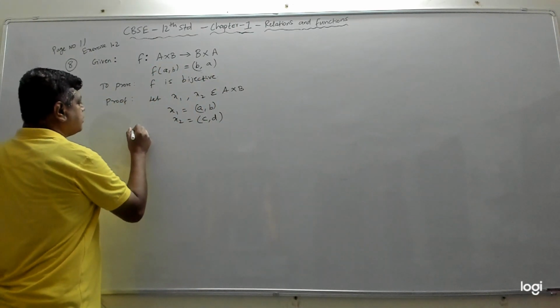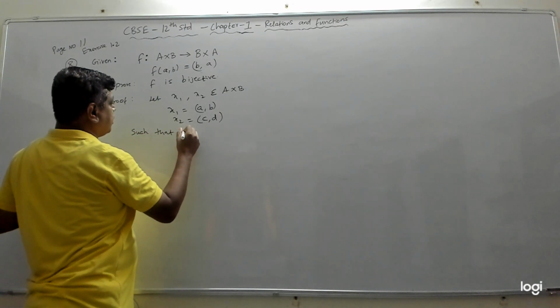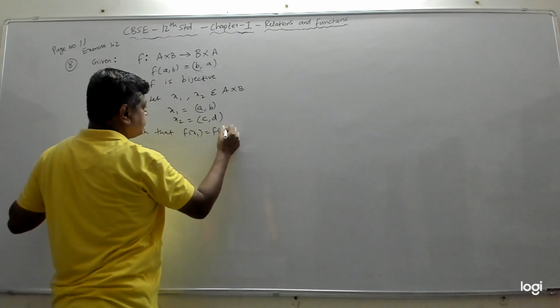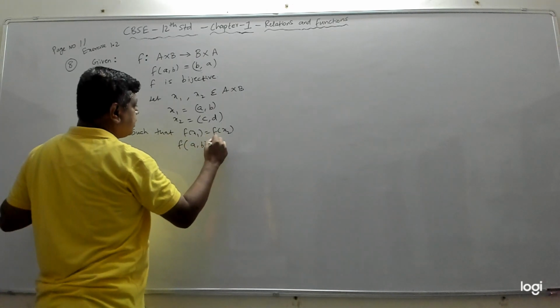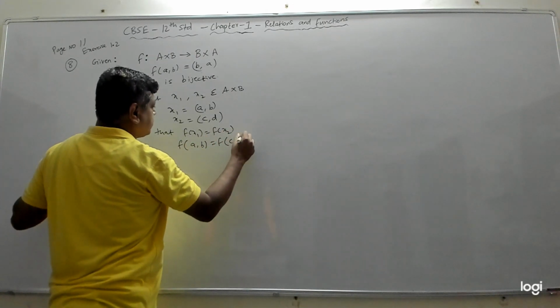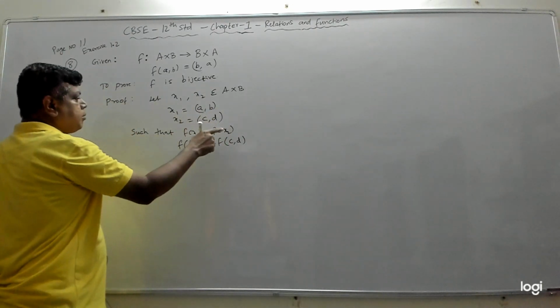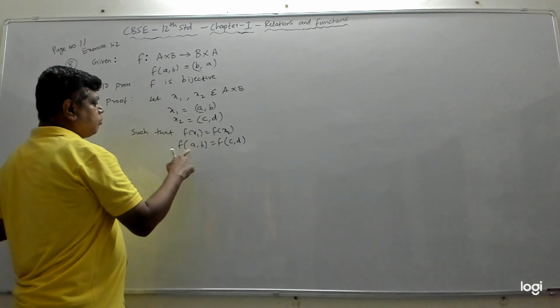Now such that f of x1 equals f of x2. f of x1, which is f of (a, b), is same as f of (c, d), because our x1 is (a, b), x2 is (c, d). Now what is f of (a, b)?